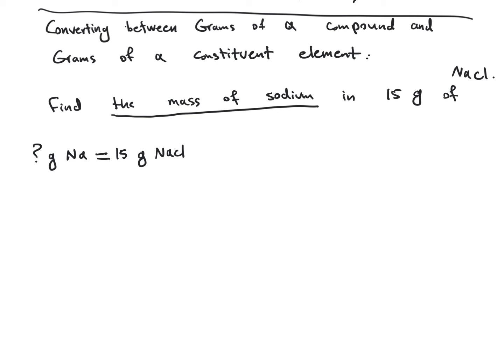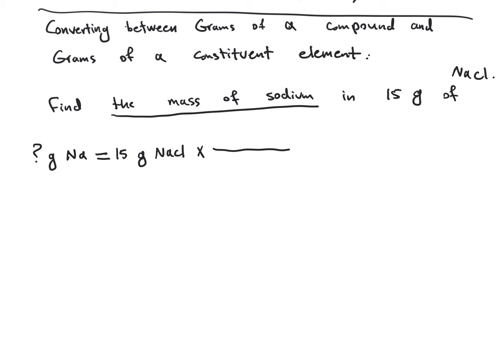So do you have any issue just writing this? Is this clear how we do this? The thing that you want to find, you write here on the left side, equals what you are given. And then here, there is no direct way to relate grams of NaCl to grams of sodium itself.